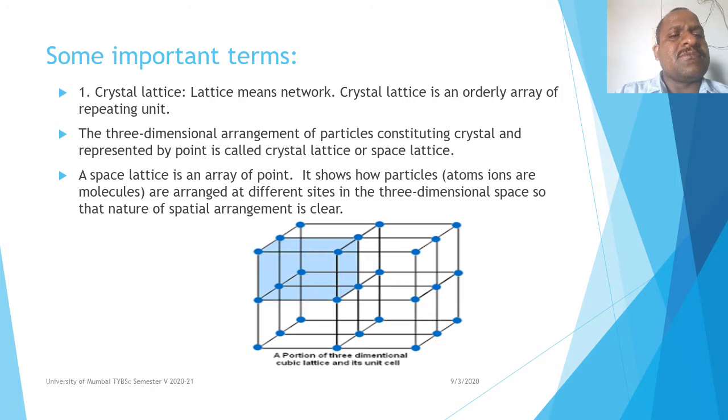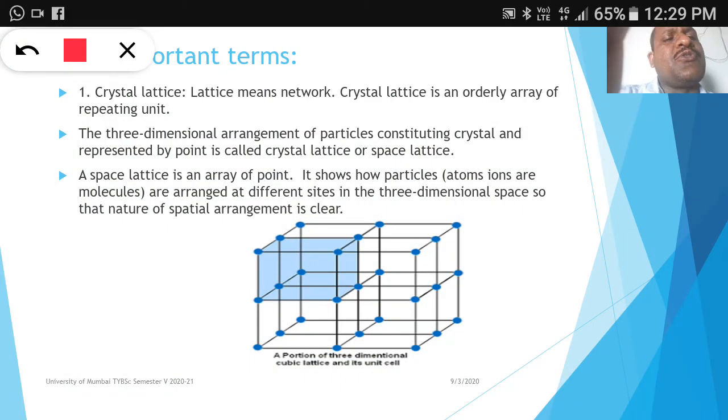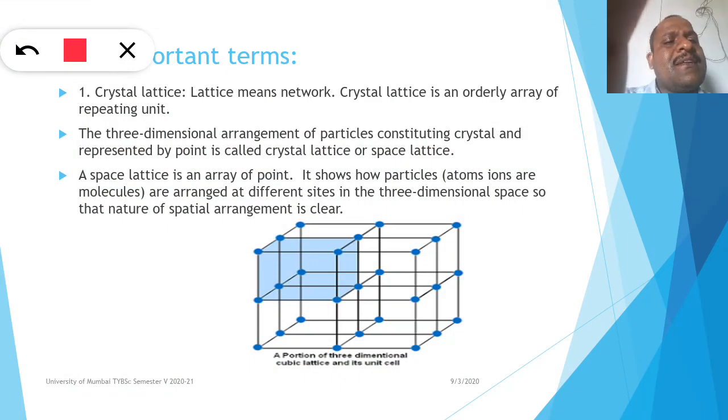So you see here that blue dot is called a point, and at that point there is a constituent particle present. When you join those points together, they form a particular shape, like cubic or, let's say, monoclinic type of crystals.